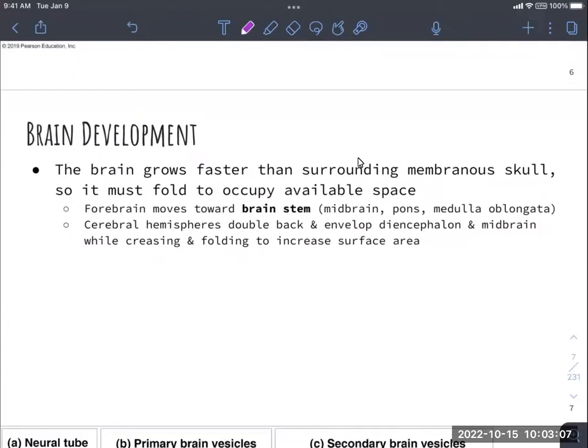So remember when we looked at the skull, I know we looked at pictures of the fetal skull and how their skull is not completely sutured together. There's spaces in that skull. It's because your brain actually grows faster than your skull does.